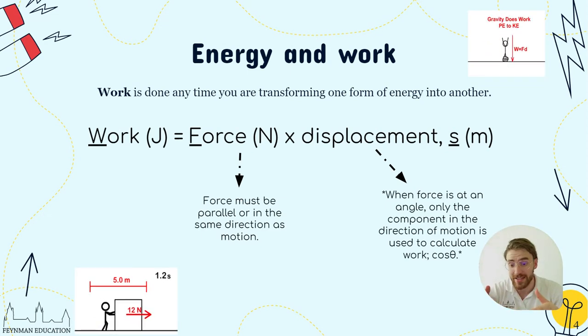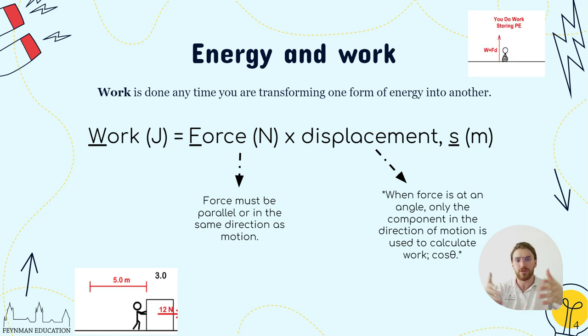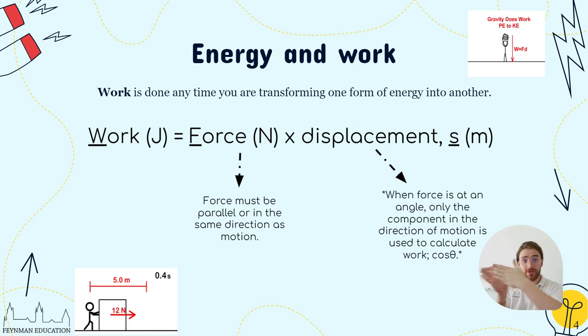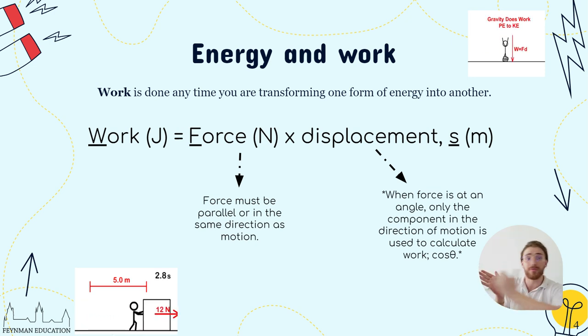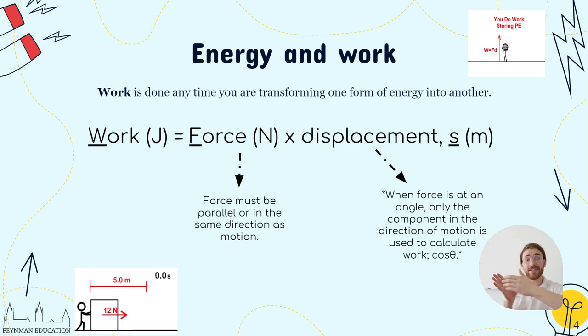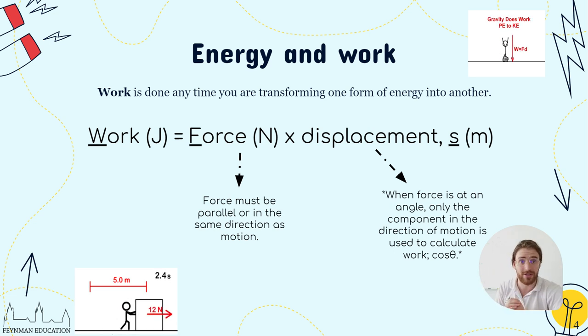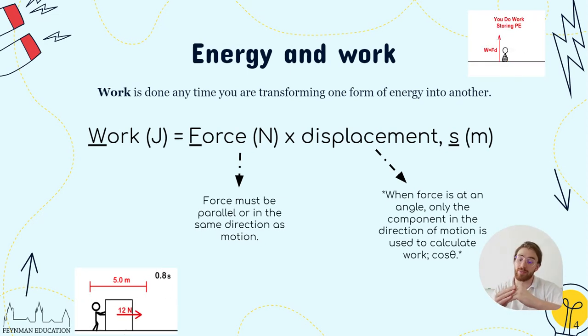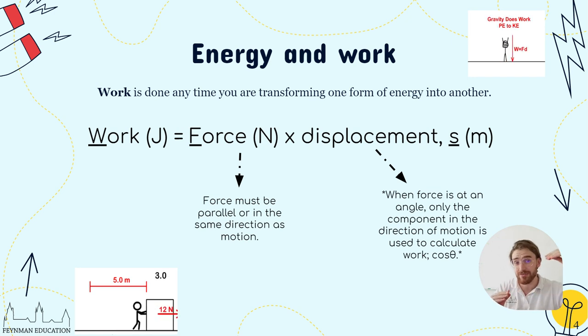And your force needs to be parallel to the direction of the motion, which makes sense. When a force is applied to an object in a certain direction, the object's not going to move backwards, it's not going to move up, it's going to move in that direction. And displacement is if the object is having the force acted upon it at an angle.